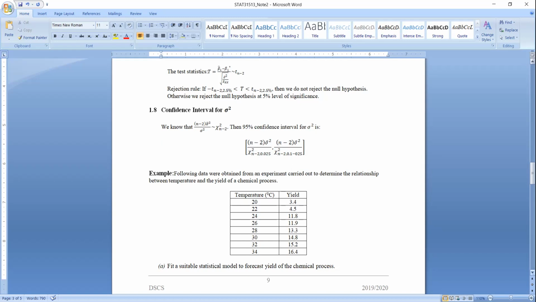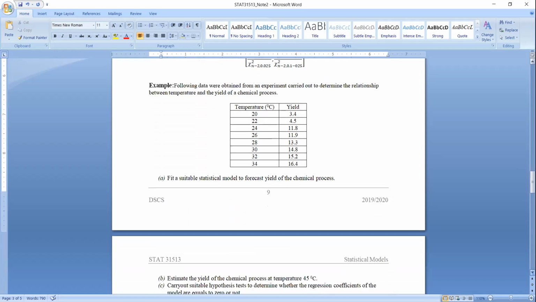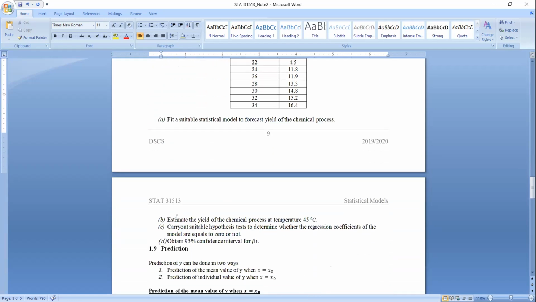All right, so they're asking us to fit a suitable model to forecast the yield. And then we have to estimate the yield of the chemical process when the temperature is 45 Celsius. When the temperature is equal to 45 Celsius, we have to predict what the expected yield value is.